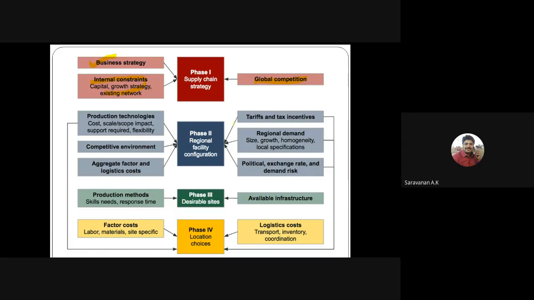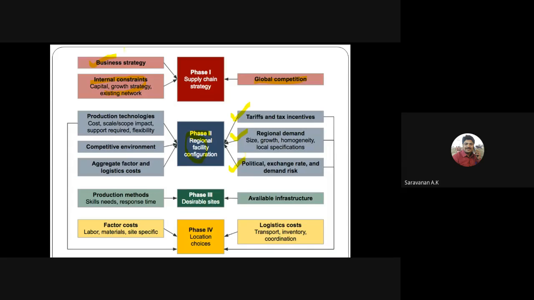Then for phase two, the regional facility configurations, we have to see six terms. One is the taxes: how the taxes and tariffs will be in the particular region. Then the region's demand, or the surrounding region's demand. Then the political stability, exchange rate, and risks in the particular region.